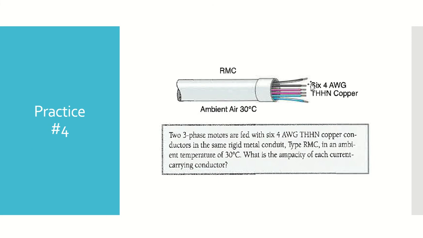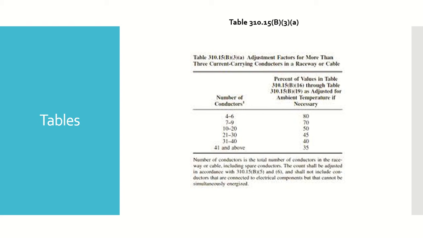The next thing I need to do is go to this table here, 310.15(C)(1), and figure out how many conductors are in my pipe. We said 6, so now I'm going to take that number and multiply it by 80%.